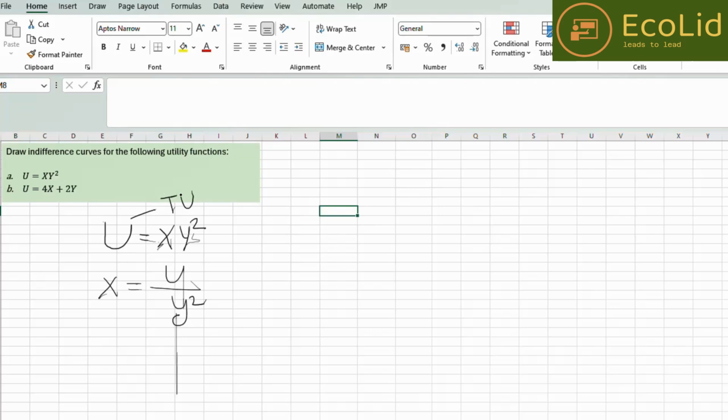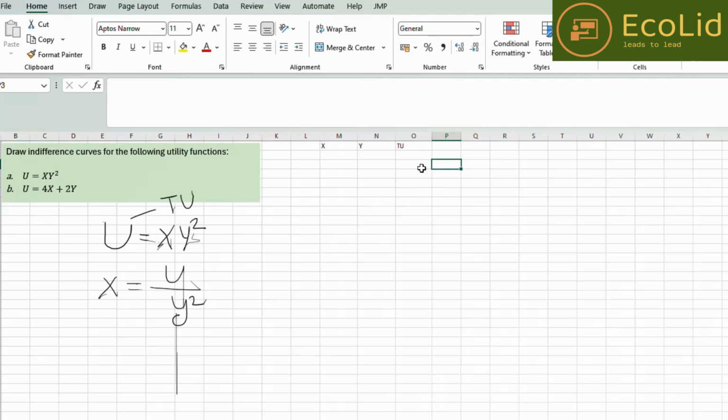So to solve this, first we need to take the help of Excel, and here we will generate a few columns. The first column we will generate for commodity X, and then we will take the values of Y, and after that we will take the values of the total utility. Remember, when we are considering the combinations for an indifference curve, the total utility values will always be the same, because along the indifference curve the total utility remains constant.